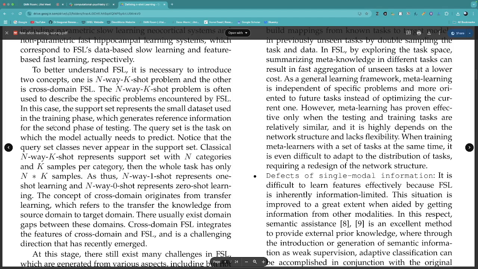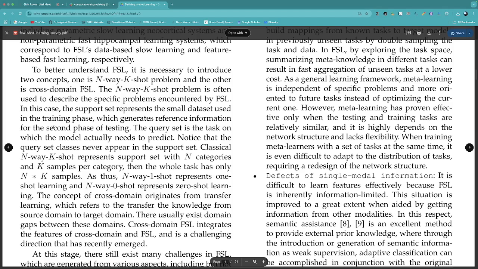So in N-way one-shot learning, you would say have 10 categories, 1 sample per category, giving you 10 samples. And then N-way zero-shot learning would be 10 categories with 0 samples in each, giving you 10 classes with nothing as a reference point, and you would have to generalize from that.